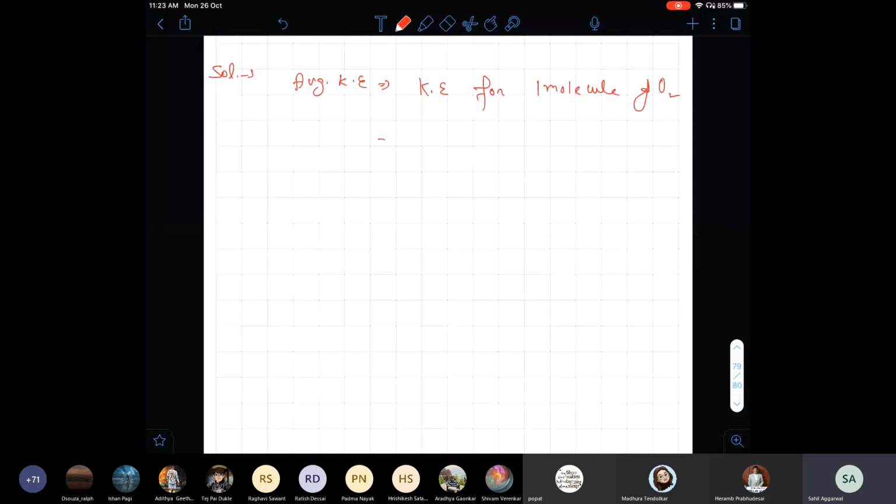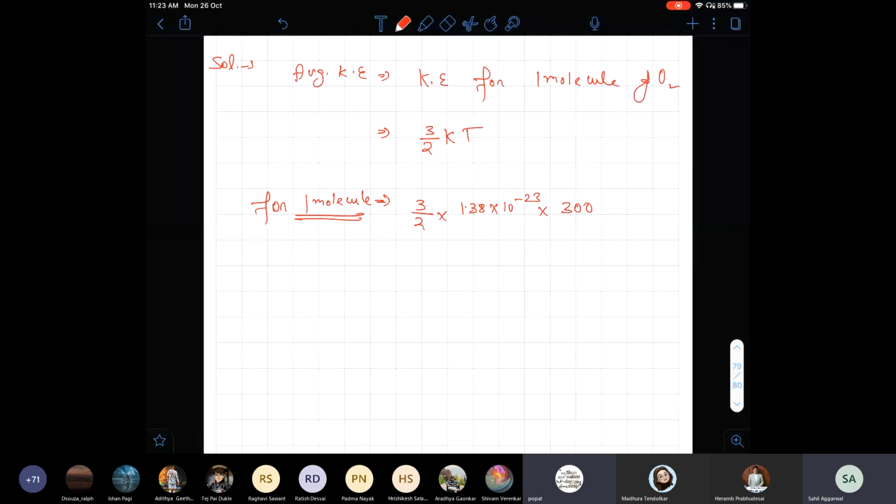Kinetic energy for 1 molecule of oxygen will be 3 by 2 kT. 3 by 2 into K, which is 1.38 into 10 to the power minus 23, into temperature 300, for 1 molecule. This is the Boltzmann constant, K value.